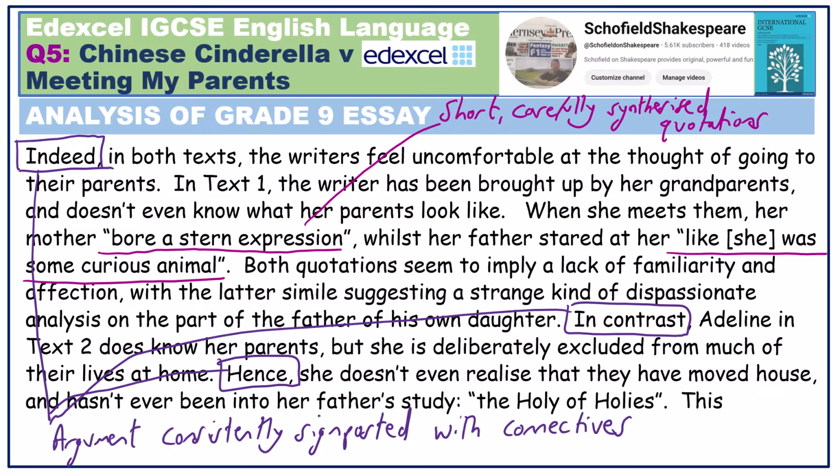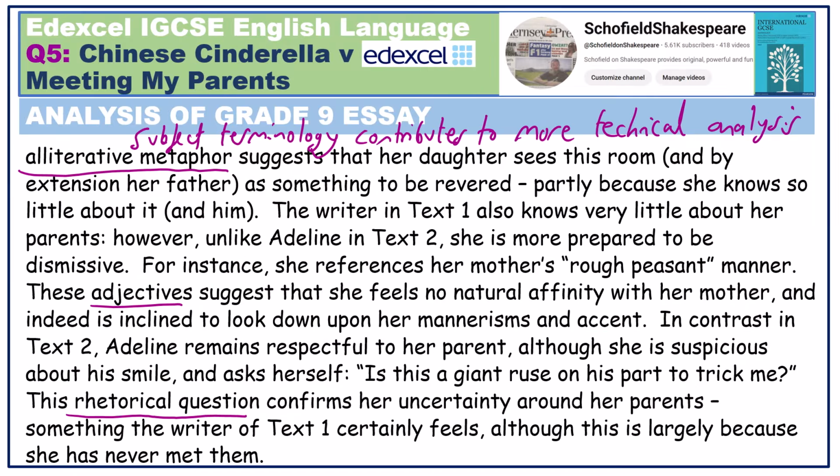In general, the shorter the quotations, the better. Use subject terminology regularly, although not to the same extent as required in question 4, you'll be doubtless relieved to hear. On this particular segment of the essay, note alliterative metaphor, adjectives, rhetorical question. Hurrah!